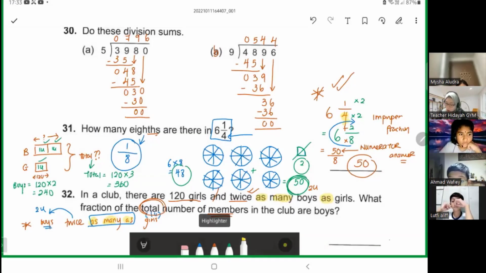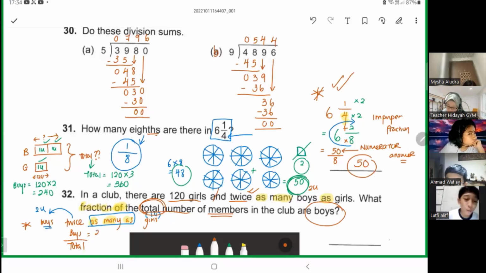Now, what fraction of the total number? So my total is my denominator. My boys is my numerator. Boys is 240. Total is 360.